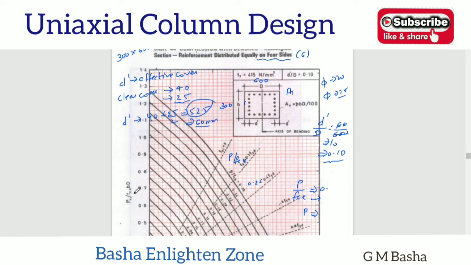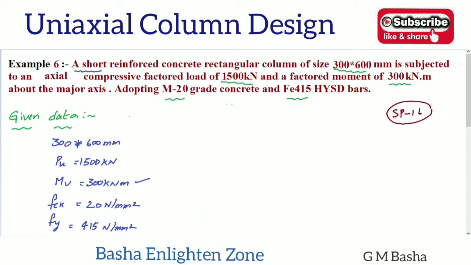So here your y axis relates to Pu by fck bd. Please check that. That is the non-dimensional parameter, equal to Pu by fck into b into d. What is Pu?